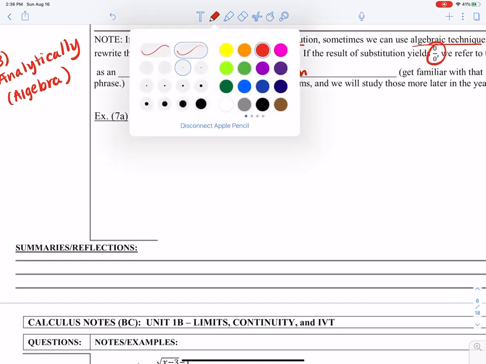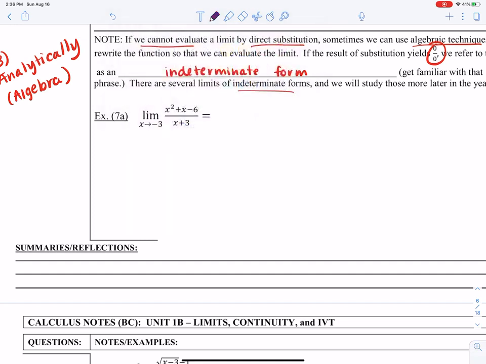So AP Calculus requires that you do the following. We're going to write top, and I'm going to write the limit as x approaches negative 3 of x squared plus x minus 6, and I'm going to say that that's 0. Okay, so that is our top limit.